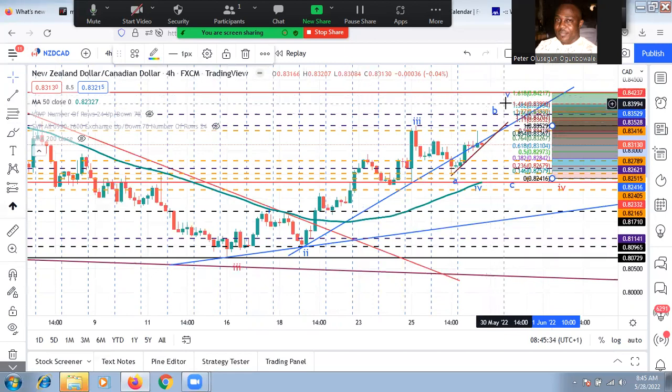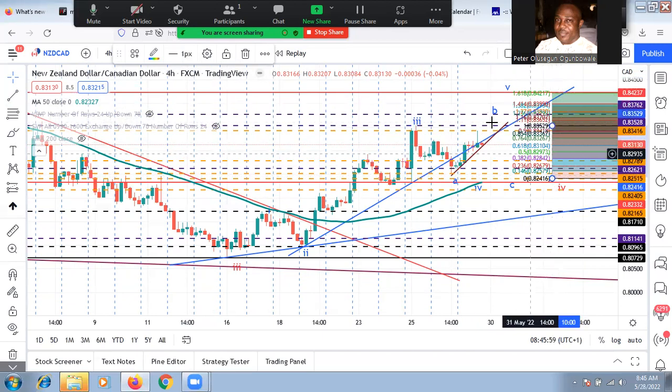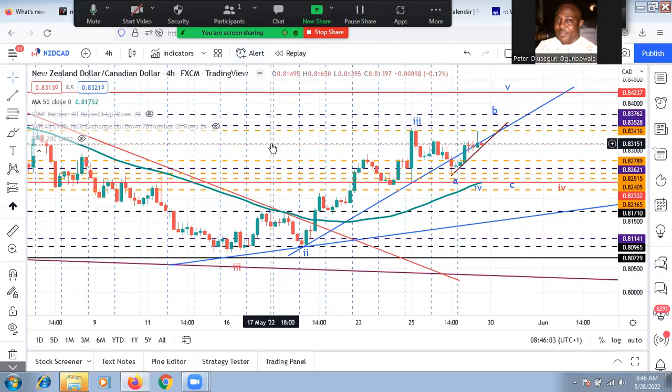Where we had that red is the limit when I plotted it. So it will still work with it. It's the limit. Once this 50 is taken, you know that it's an entirely new trend that we are seeing. Of course, price may still do a wave B or whatever, but it's a new trend entirely. So the red here is the upper limit. You can see how it aligns with this. So that's how to make use of your trend.